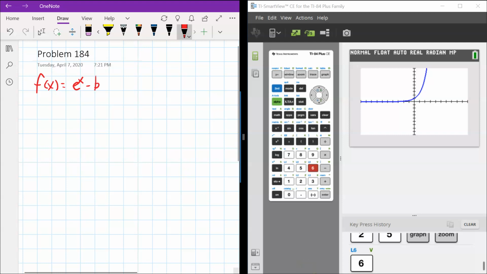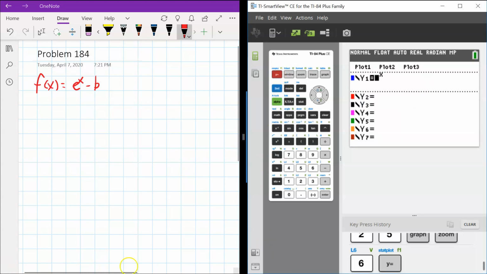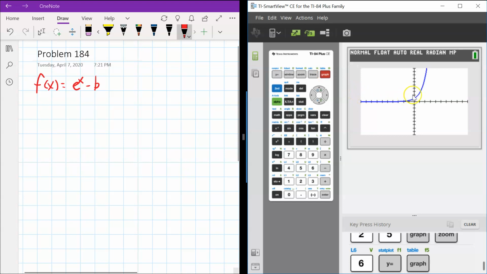And before I look at that explicitly, let's go ahead and look at just e to the x. So over here on my graphing calculator, I've got e to the x, and if we graph that function, it looks like this. Now it does look like it is obtaining the value 0, but if I zoomed in on this graph, it gets closer and closer to a y value of 0, but never quite gets there.